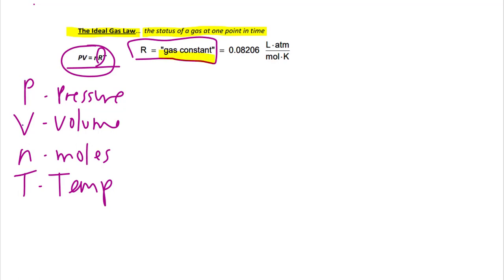That constant is just this number that allows for pressure times volume to equal our moles times temperature. It's this scientifically found number, 0.08206, to make this equation happen.